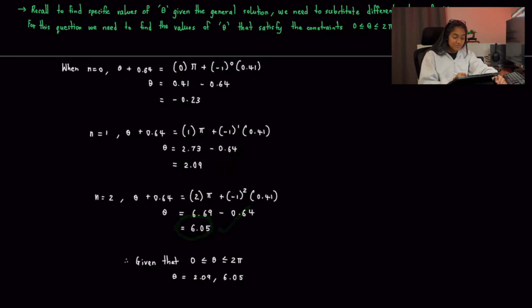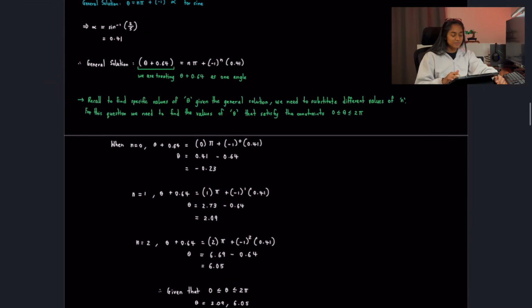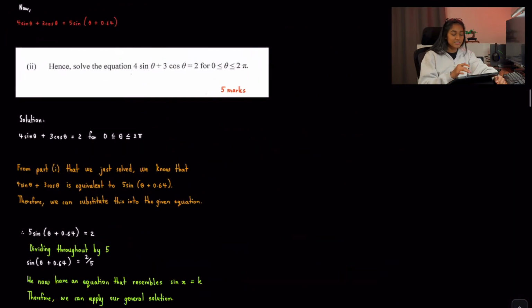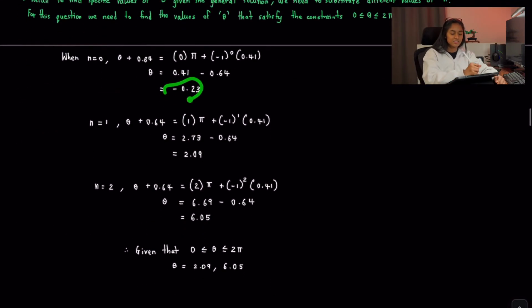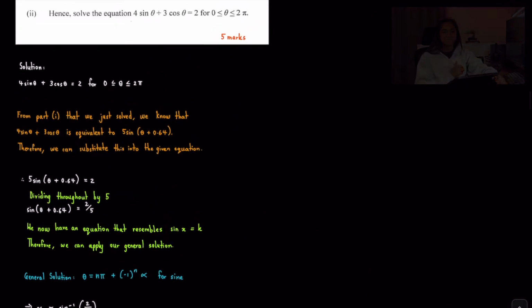Yes. Therefore, theta is going to be equal to 2.09 or 6.04, okay, given these constraints. So it's very, very important to keep the constraints in mind, because they will not take it if you put an answer out of the constraints, okay? You'll probably lose a mark. So that's how you do 2021.